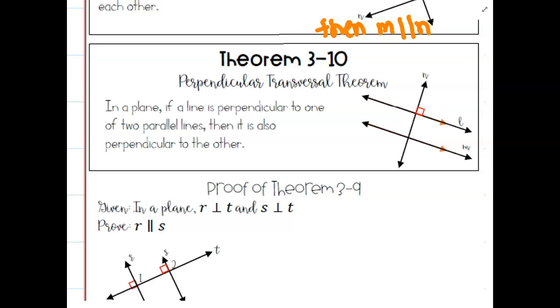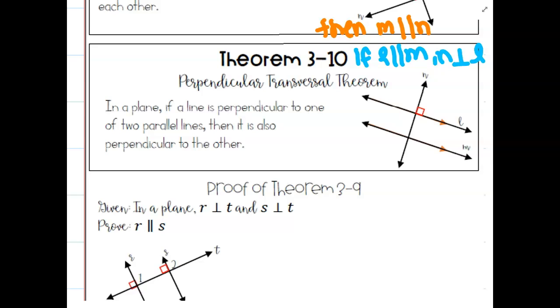So this time it says, okay, if a line is perpendicular to one of 2 parallel lines. So this is starting off by saying, okay, I've got these 2 parallel lines. So L is parallel to M. Okay, so the other one was kind of proving that they're parallel. This is starting by saying, okay, I have these lines that are parallel. Okay, and N is perpendicular to L. So these 2 lines are parallel.